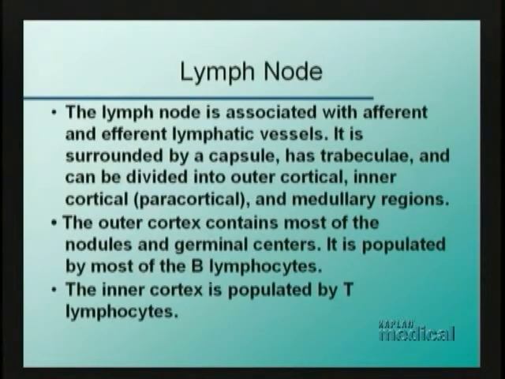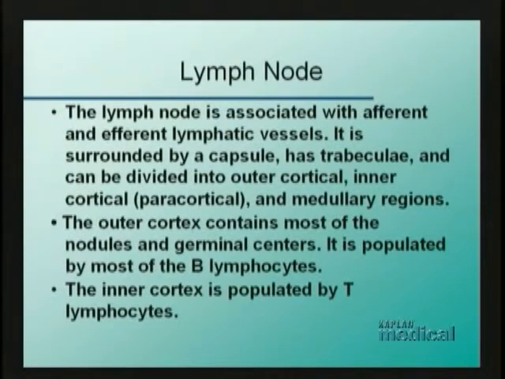The lymph node, now being a secondary lymphatic structure, is associated with the filtration of lymph, containing both afferent and efferent lymphatic vessels, but it also has a distinct blood supply that delivers lymphocytes to it and from it as well.